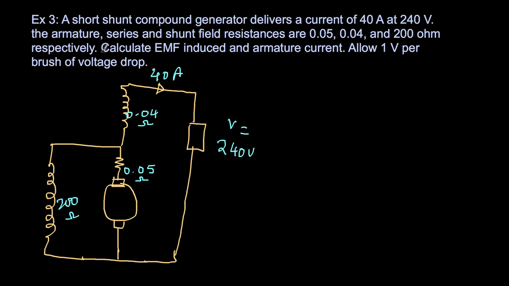And there is a 1 volt drop per brush. So here it is 1 volt, here it is 1 volt. I am writing this so that I won't forget. And then I'll have to find the armature current IA and the EMF generated EG.